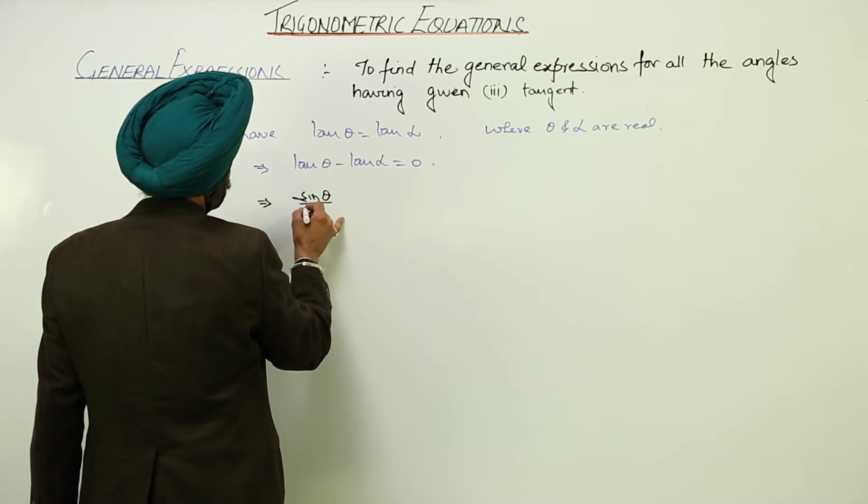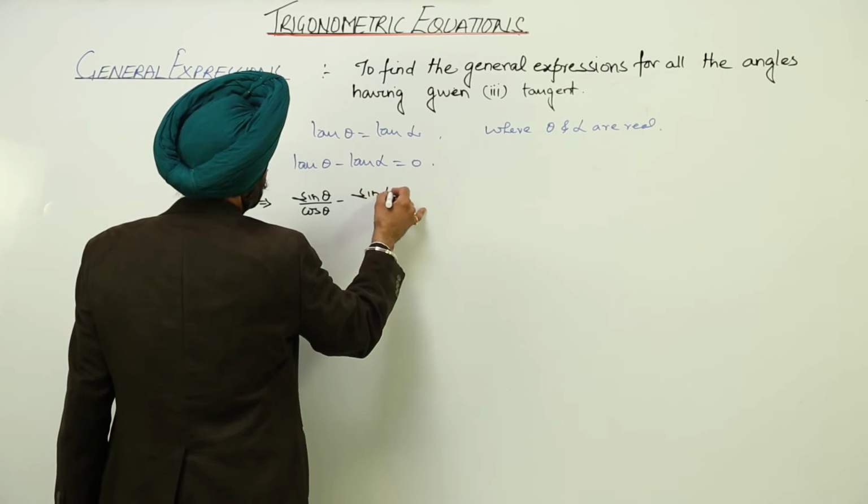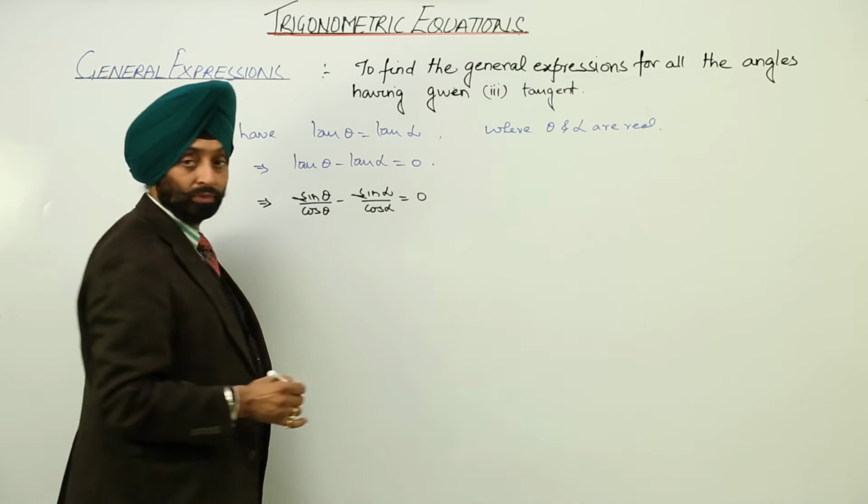Sin theta upon cos theta minus sin alpha upon cos alpha is equal to 0.